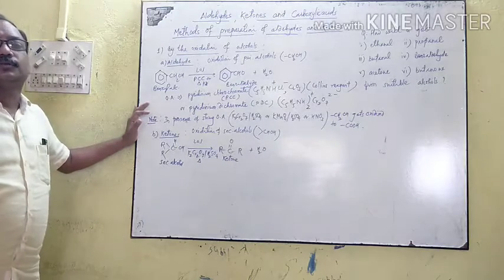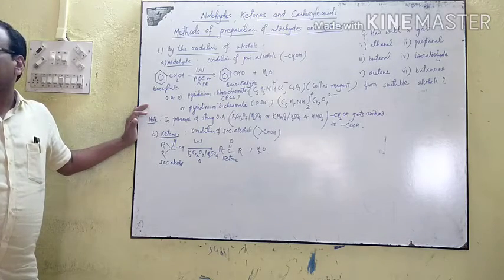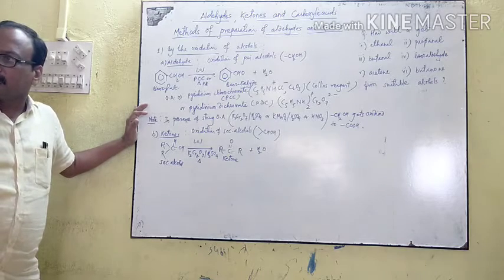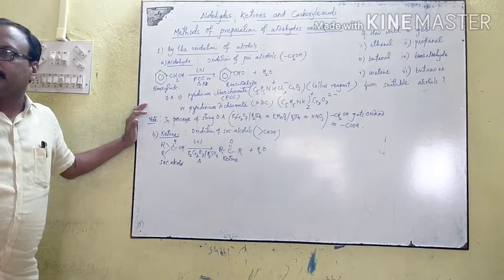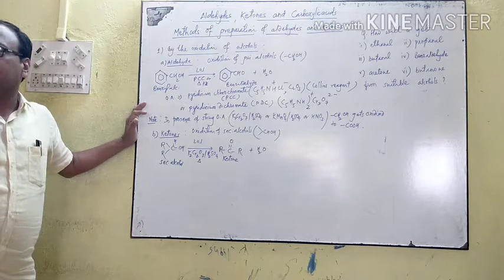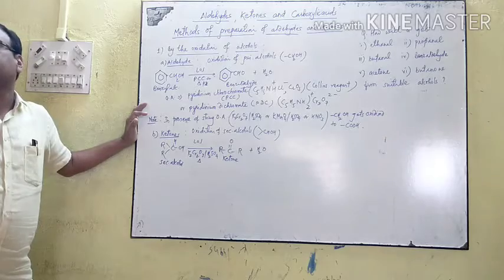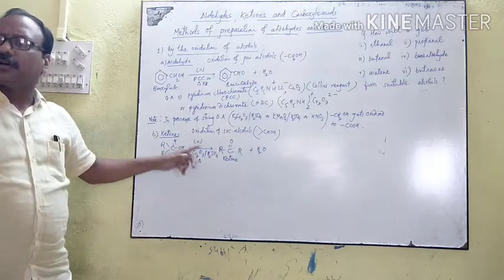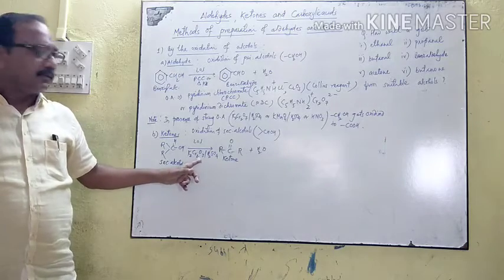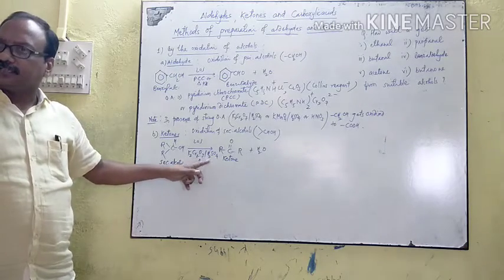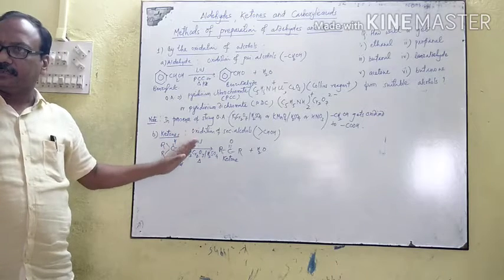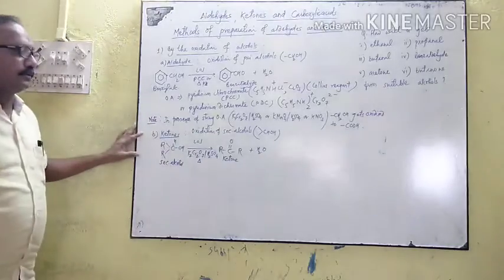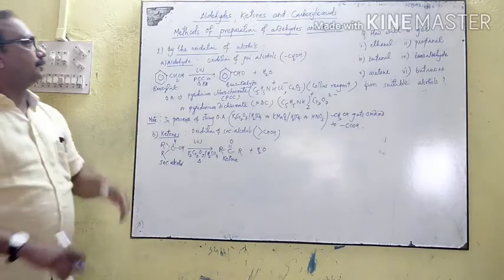When aldehydes and ketones are to be prepared from alcohols, you have to take primary alcohols to get aldehyde and secondary alcohols to get ketone, and a better oxidizing agent is PCC or PDC. Of course, you can use PDC, PCC or even any oxidizing agent: acidified potassium dichromate, acidified potassium permanganate or even nitric acid. CrO3 can also be written. So this is the first method.